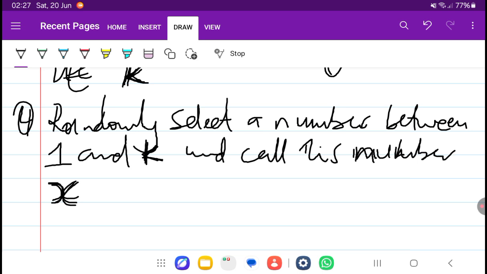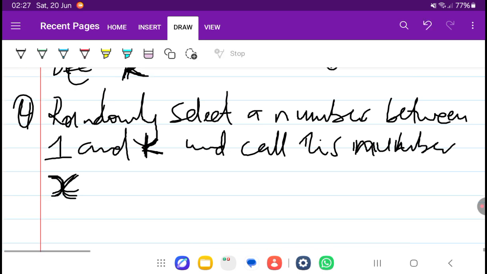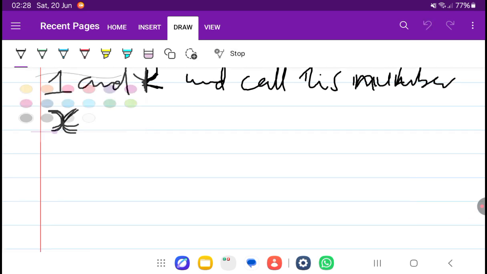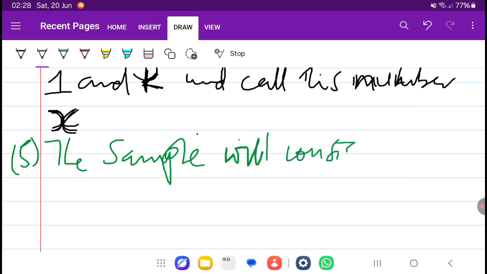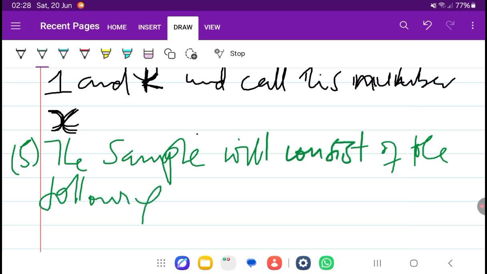Now the final step, this is step 5. The final step is now to get the sample. The sample will consist of the following individuals or items.